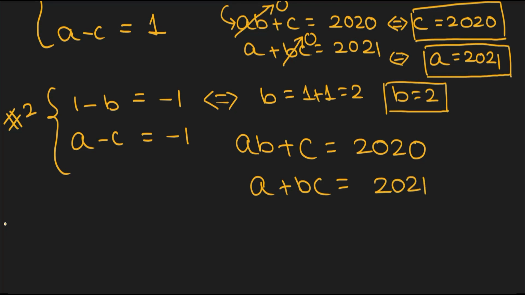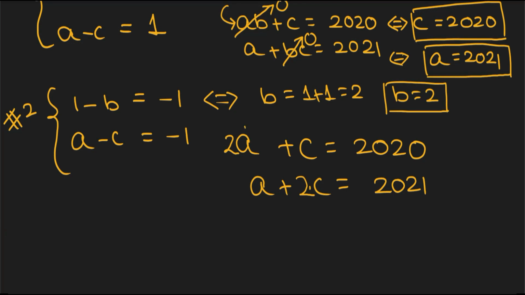And as we know the value of B is 2, then let us replace the value of B here in this equation. Then this expression will be 2 into A, that is 2A. And similarly, this will become A plus 2 into C, that is 2C.